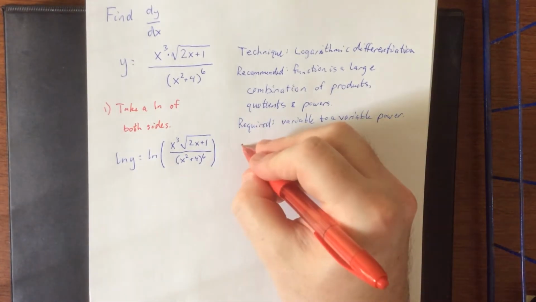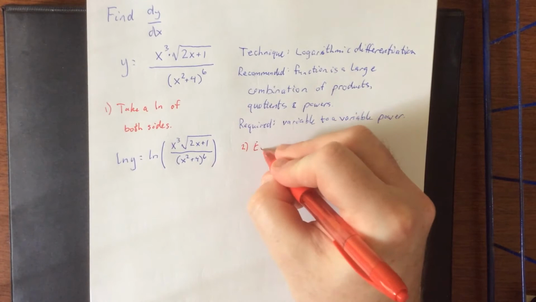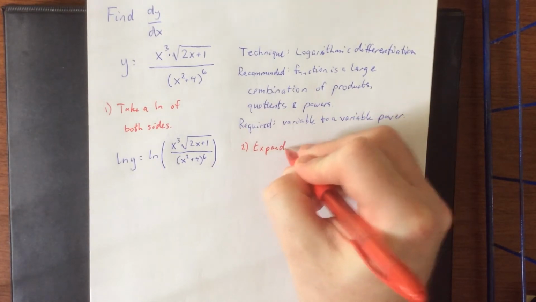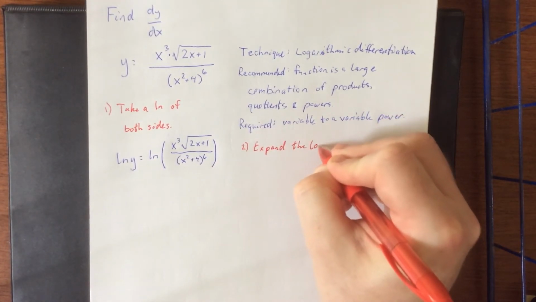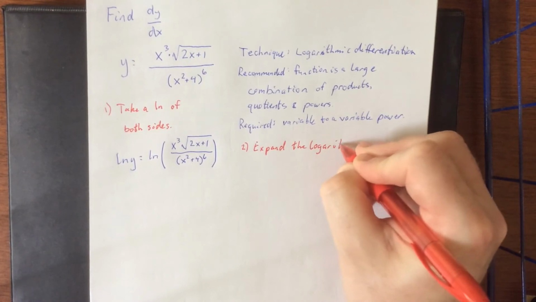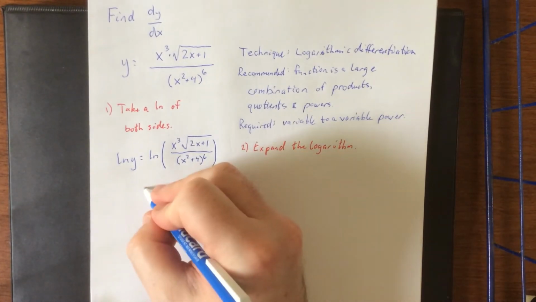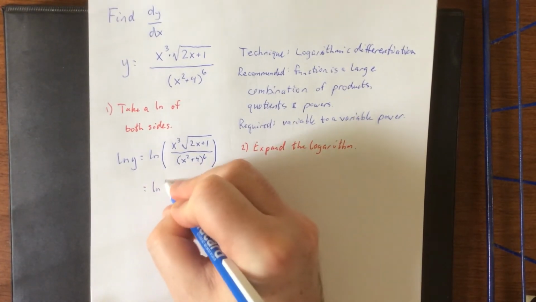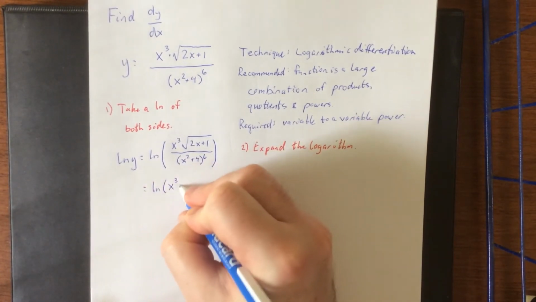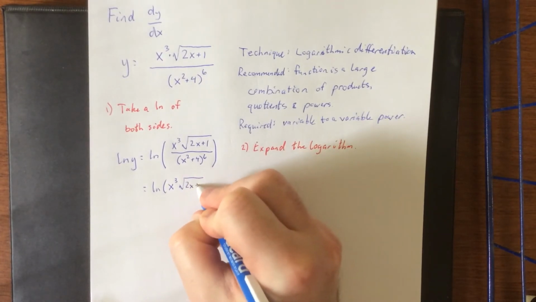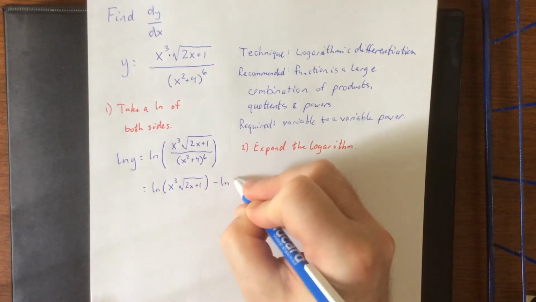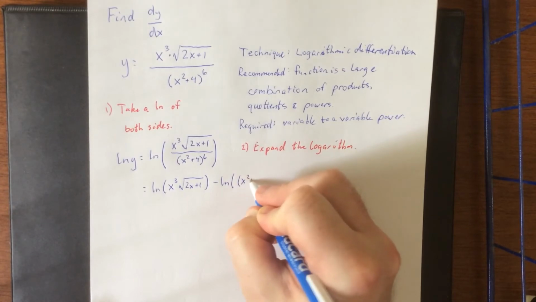So step 2. Expand the logarithm as much as possible. Now for that, we'll be starting with the quotient property and call this the natural log of the numerator minus the natural log of the denominator.